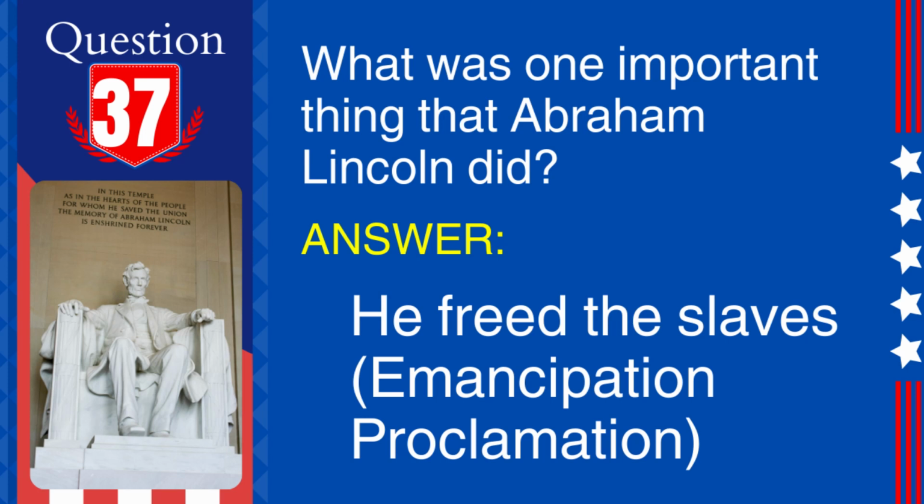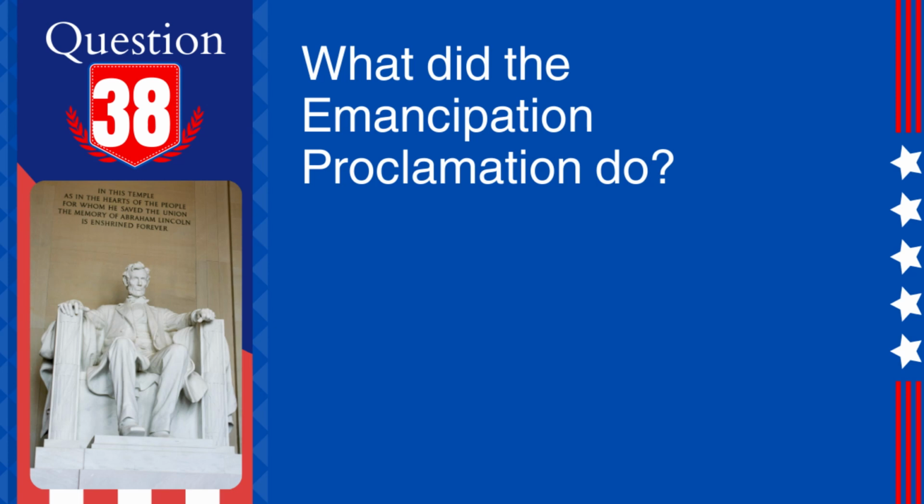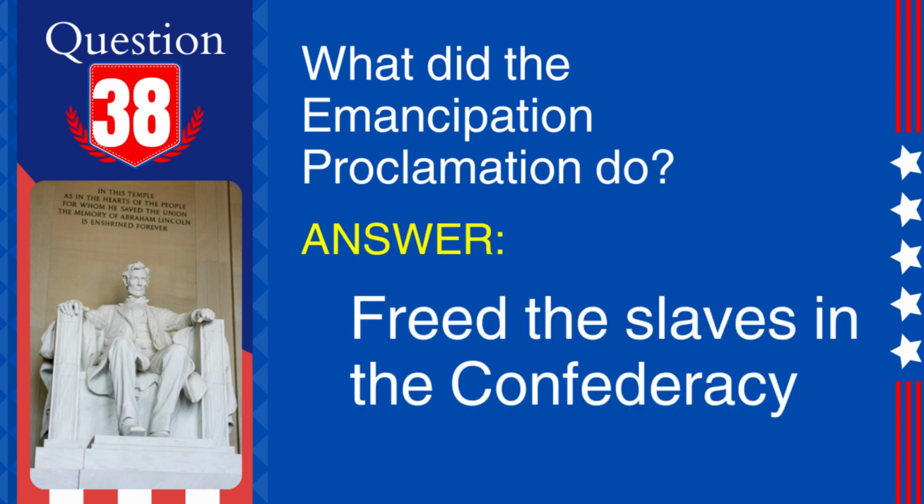Explanation. Abraham Lincoln issued the Emancipation Proclamation in 1863, which declared that all slaves in Confederate-held territory were free. 38. Question. What did the Emancipation Proclamation do? Answer. Freed the slaves in the Confederacy. Explanation. The Emancipation Proclamation declared the freedom of slaves in Confederate states, not under Union control.